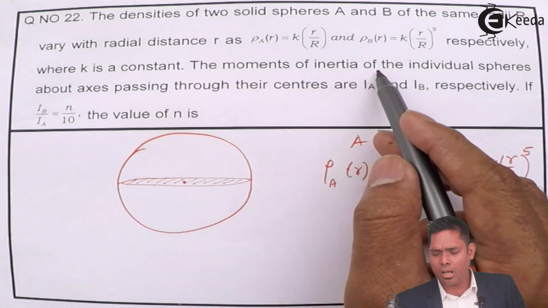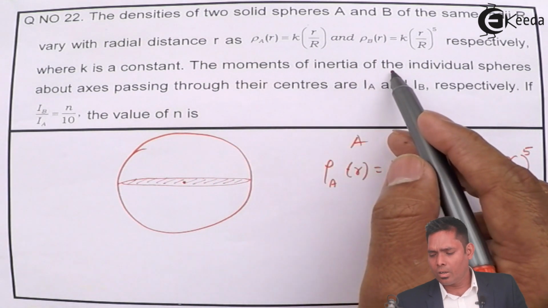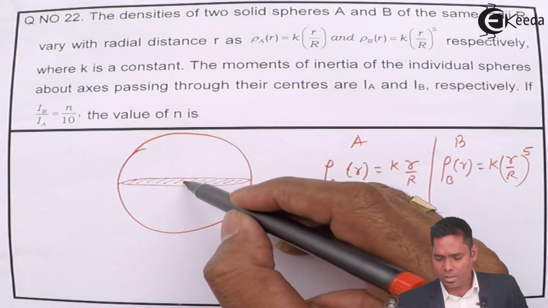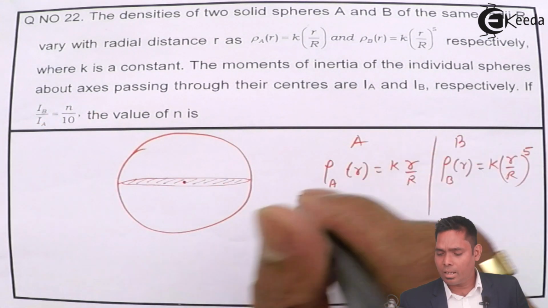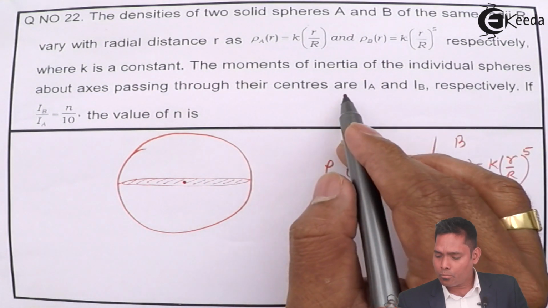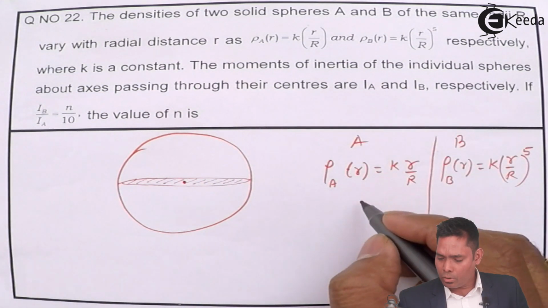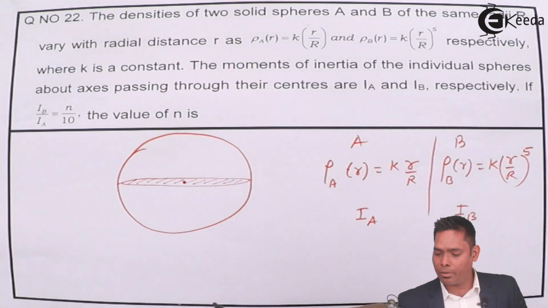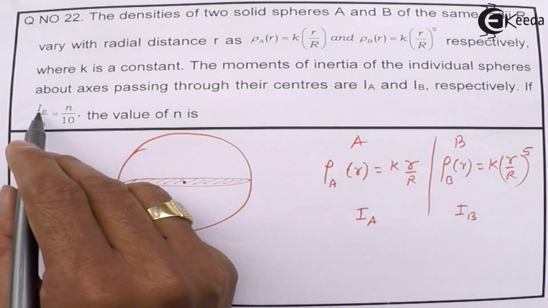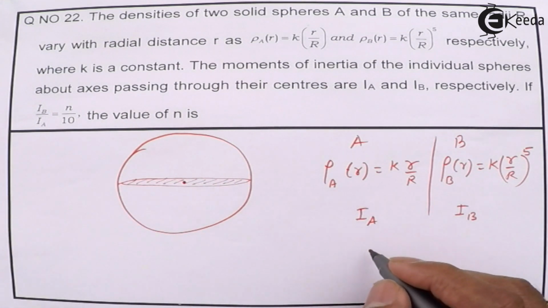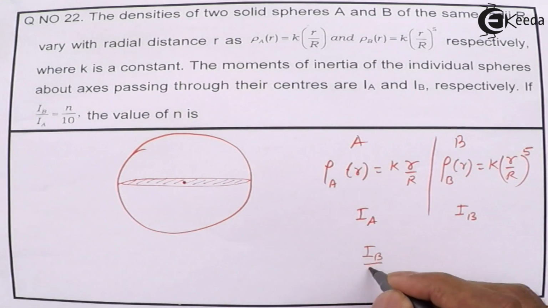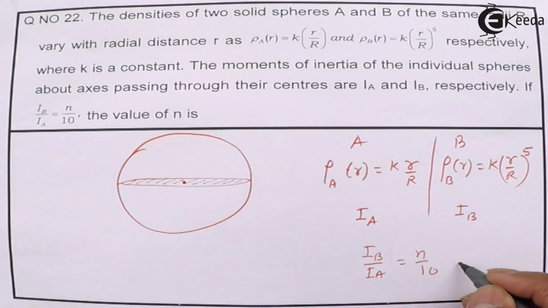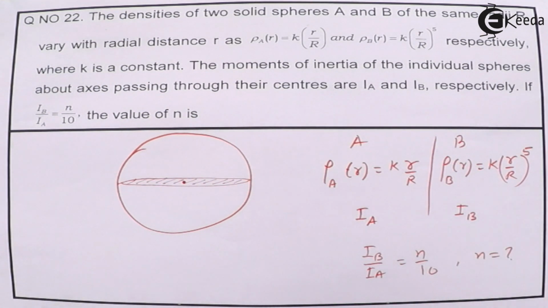The moments of inertia of the individual spheres about the axis passing through their centers are IA and IB. So for this it is IA, and for this sphere it is IB. Then IB upon IA is given as n by 10. Then what is the value of n?